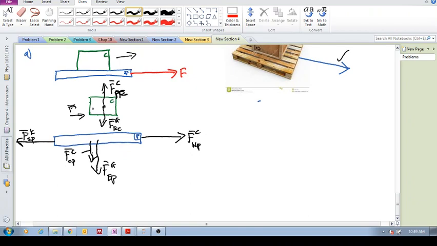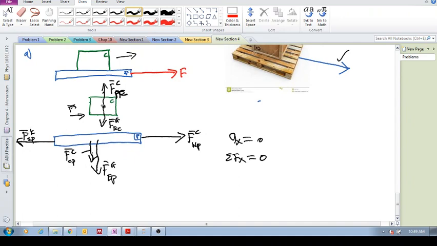It is understandable that we would think there would be a static friction force. But remember, both these objects are moving at constant velocity. Constant velocity means our acceleration in the x direction is 0, which means the sum of the forces in the x direction is 0. So if the pallet is going at a constant velocity, that means this force equals this force.